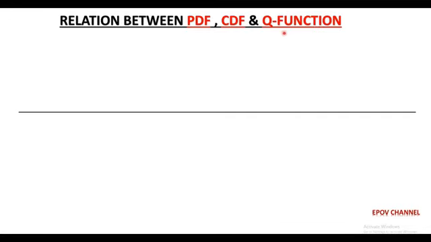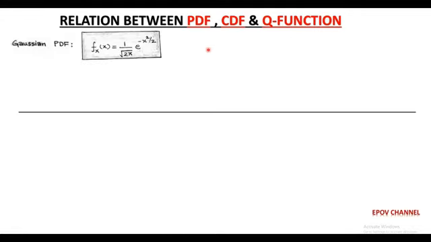After discussing the significance of the Q function for noise performance in digital communication, we set a relationship between PDF, CDF and Q function. Again, the Gaussian PDF with 0 mean and unit variance is given by the function small f equals 1 upon under root 2 pi e to power minus x square by 2.